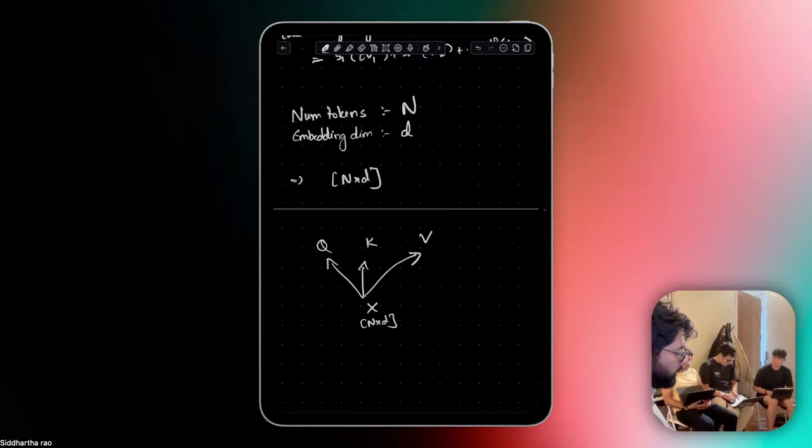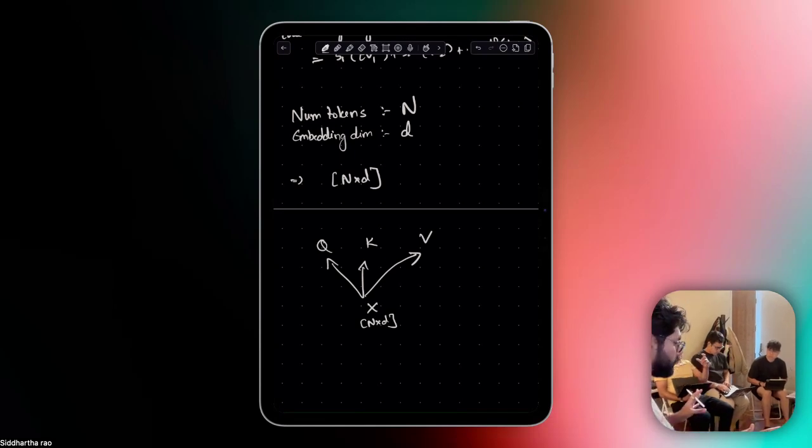And these are the query, key, values of the attention mechanism. You can view attention as basically a dictionary mechanism. You have a query, you have a key-value dictionary pair, and you want to query this key-value dictionary pair using this query matrix. That's what's happening.